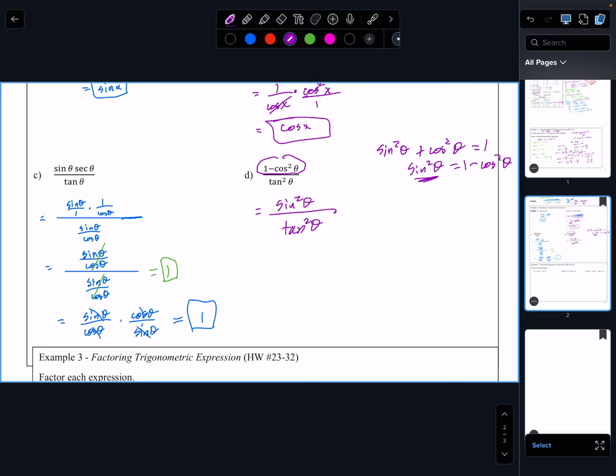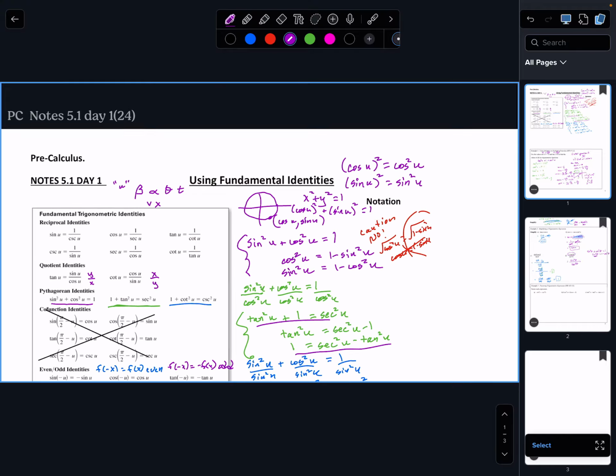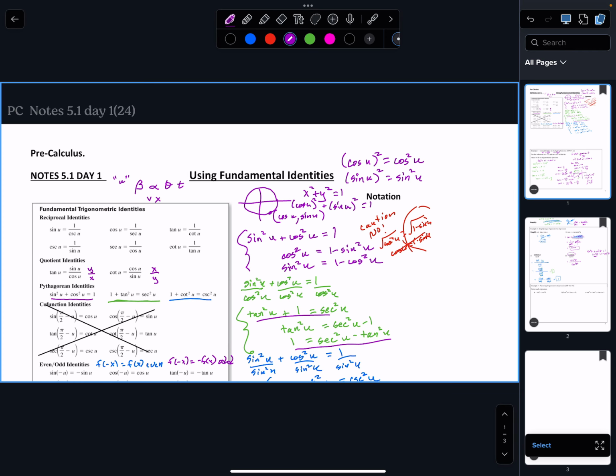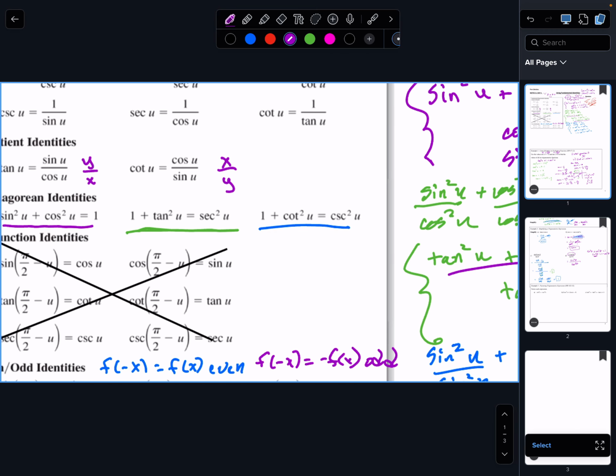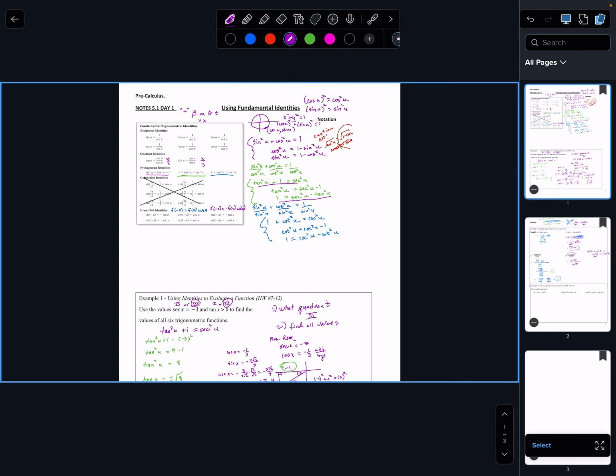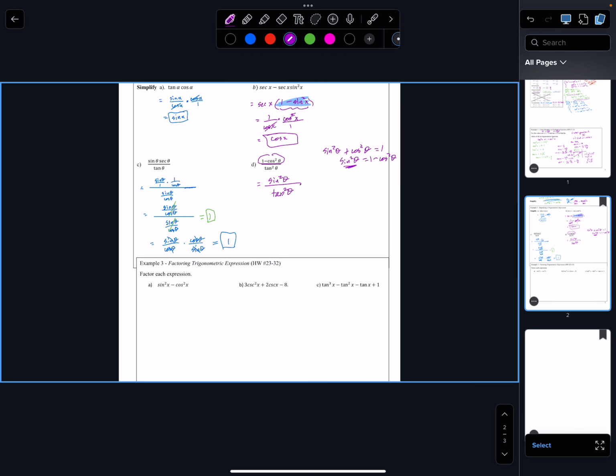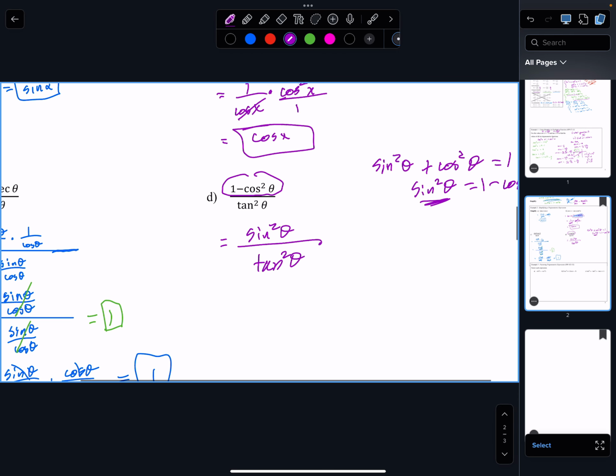I do not want to bring in the tangent squared Pythagorean identity, because then the tangent squared identity would bring in the secant squared. The tangent squared would bring in the secant squared. And I would rather just try to go towards changing everything to sine and cosine.